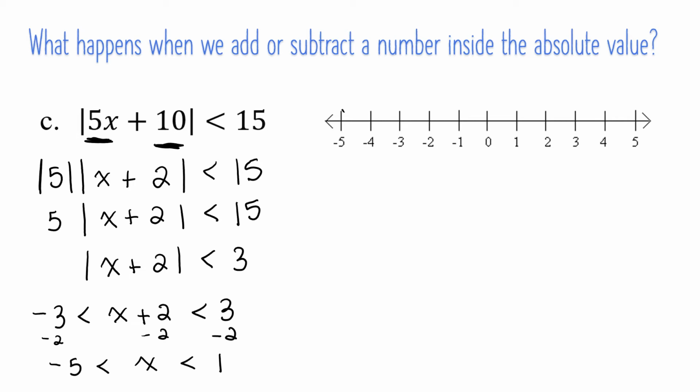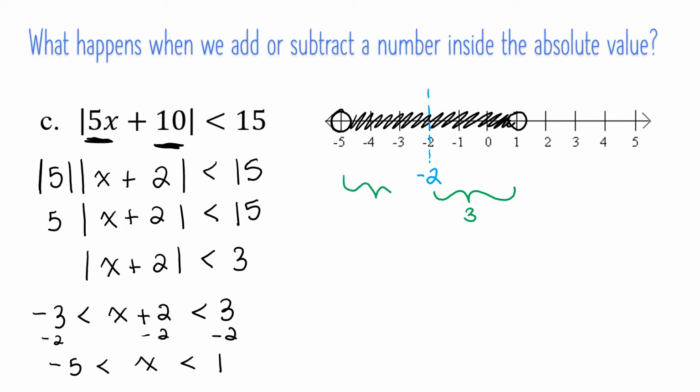So we have an open circle at negative 5, an open circle at 1, and we shade in between. The center of this is at negative 2. And then the distance between the center and each of our boundaries is 3.